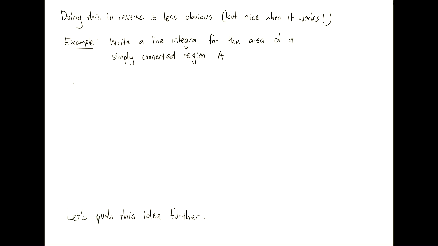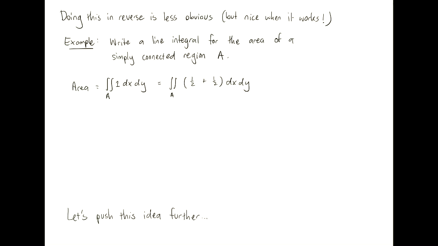So we know from week 3 that if I have some region A, then the double integral of 1 dx dy is its area. You can put a 1 there if you want, but of course, if we don't put anything there, we interpret that as being 1. Okay. Well, what I'm going to do is say, a thing I know about the number 1 is that I can write it as a half plus a half.